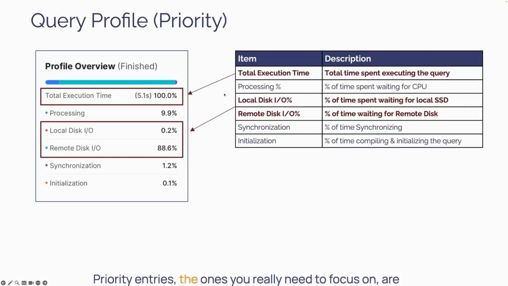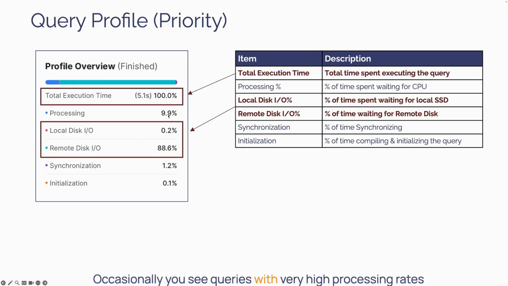The priority entries, the ones you really need to focus on, are the total execution time and the local and remote disk I/O, especially the remote disk I/O, because this shows that the query was I/O bound, and anything you can do to reduce the remote disk I/O is going to make a significant difference.